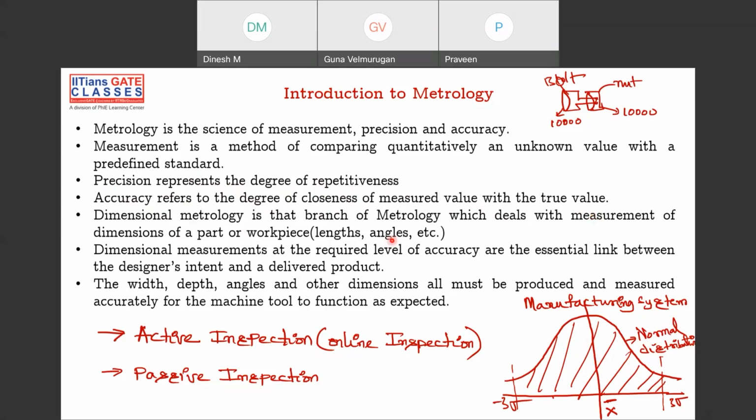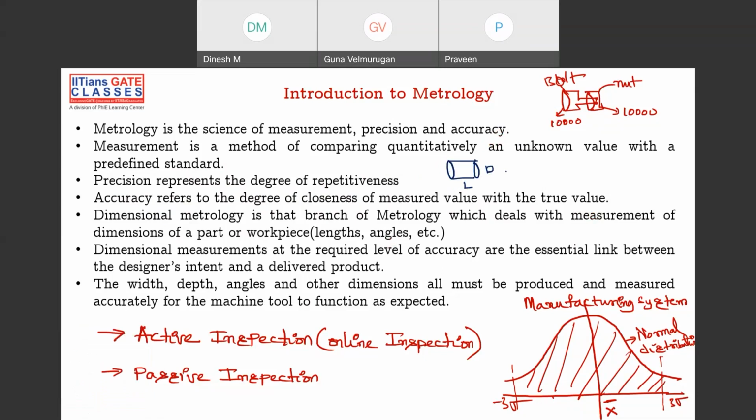Let us assume that you are trying to manufacture, let me take the pen, a rod of some length L and some diameter T. And this is your design. This is what you have designed.